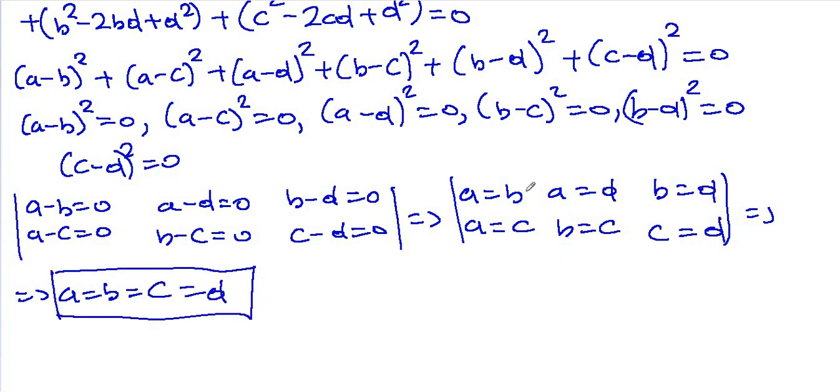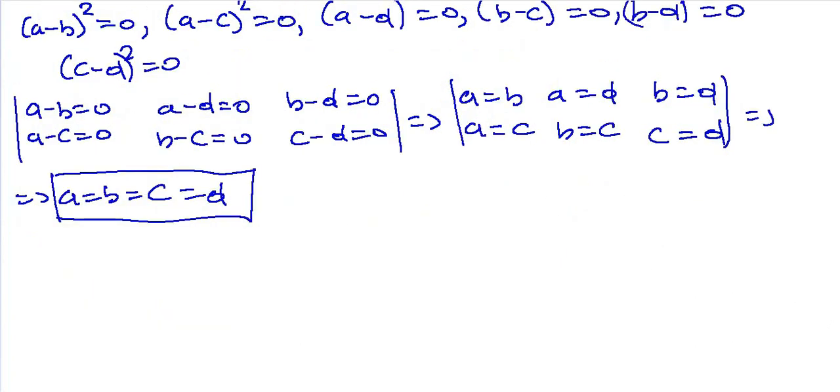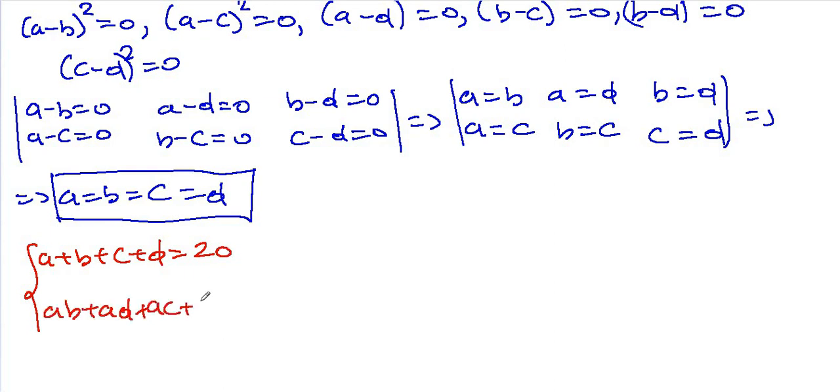Now using this, we can go back to our original system of equations. As you remember, a + b + c + d = 20, and ab + ad + ac + bd + bc + cd = 150.